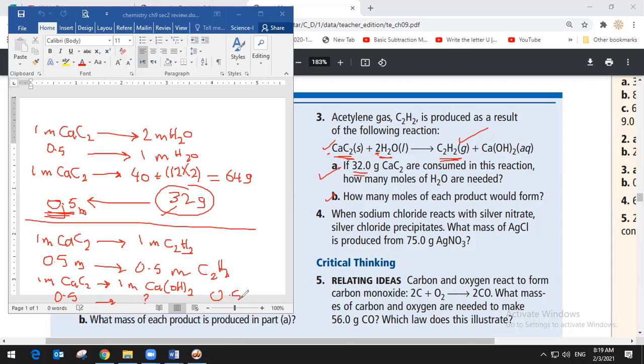So 32 grams of CaC2 react with 1 mole of water and produce half a mole of C2H2 and half a mole of Ca(OH)2.